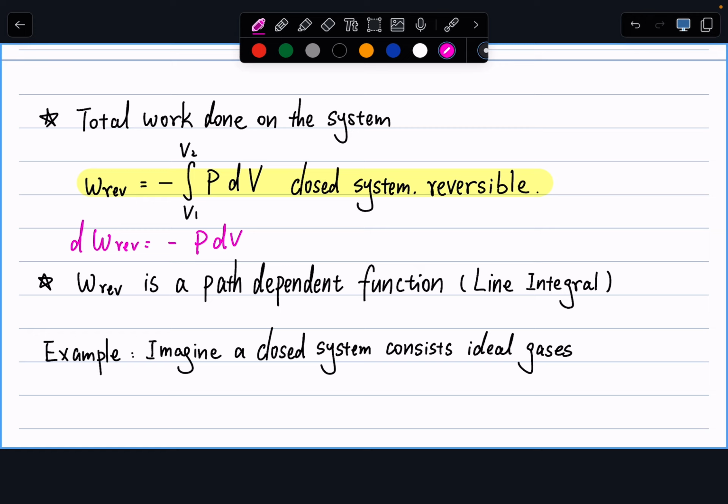Scenario one, we're doing an isochoric process followed by an isobaric process. Remember we went over these vocabularies. What is isochoric? Isochoric means our volume is constant for our first step.